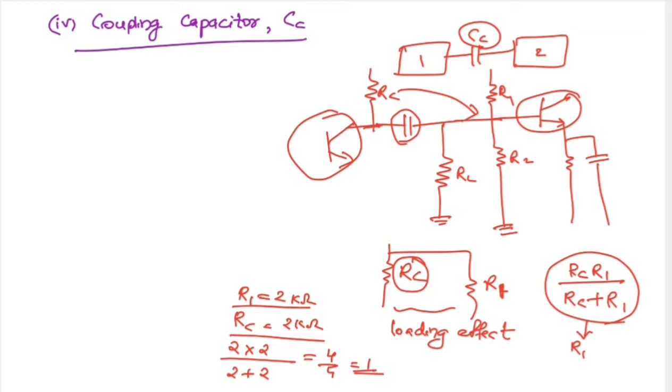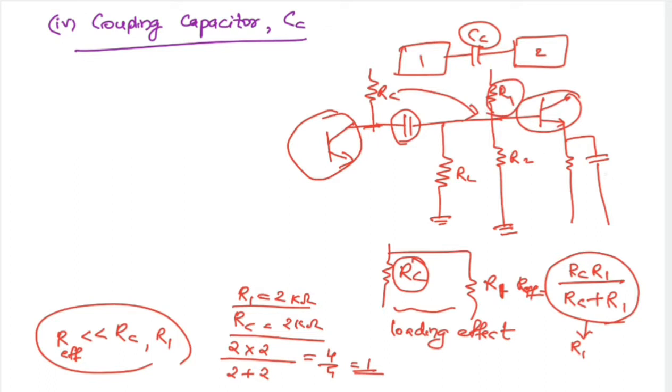If two resistors are in parallel, then the effective resistance will always be less than the individual ones. So R effective is always less than RC and R1. So it is very important. The effective resistance across R1 will reduce, so it will affect the biasing of the next stage.